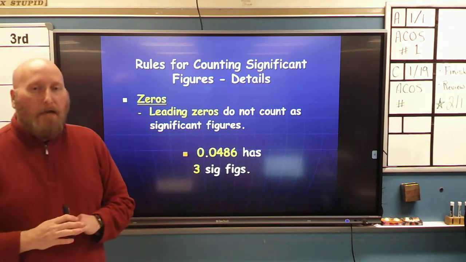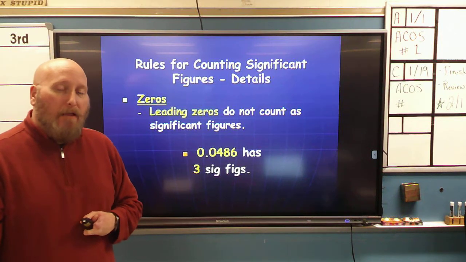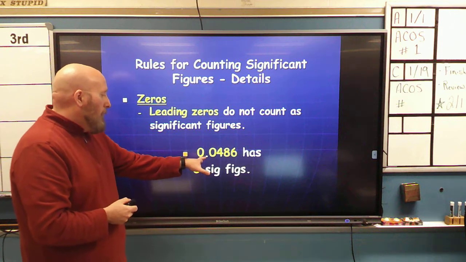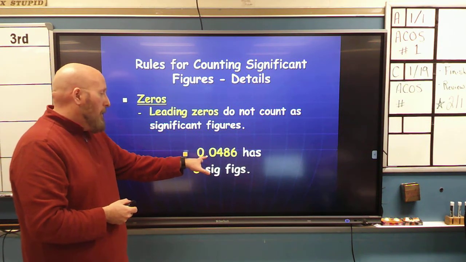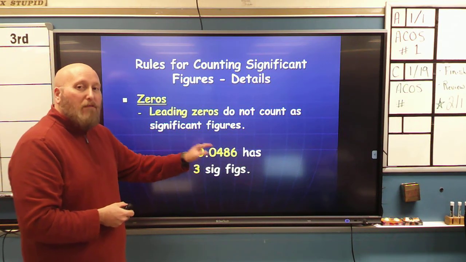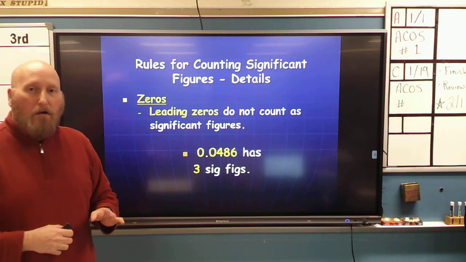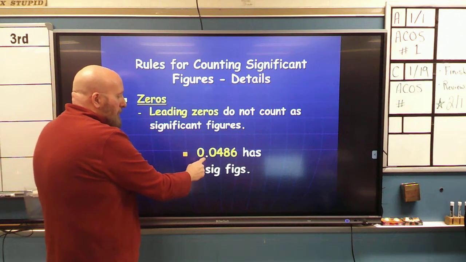Why not the 2 zeros here? It's real simple. Why do they not have value? They don't have value because the only thing they're doing here is putting the area here for the decimal place. That means that these zeros are nothing more than place markers. That's all they are. They're telling you where that decimal point is.